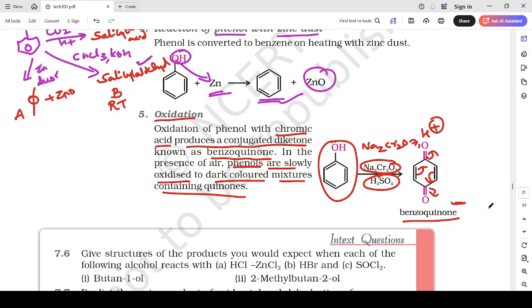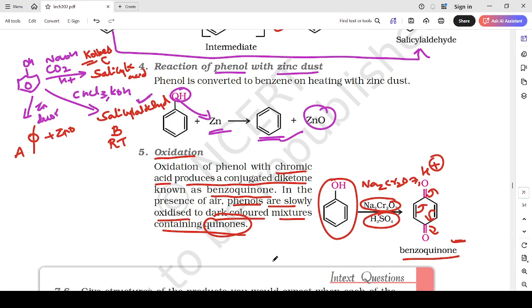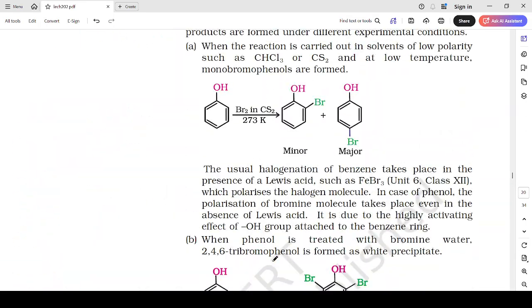This is quinone. Benzoquinone, that only they are mentioning here. So either you use this to form benzoquinone, or you just keep it in air, and they will form a dark colored mixture containing quinones.